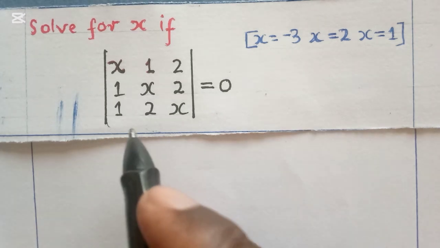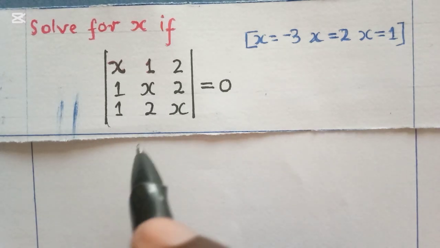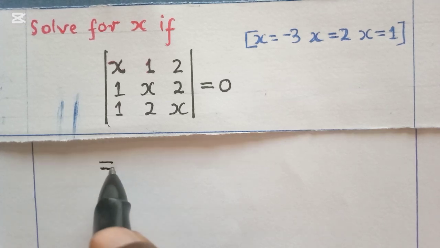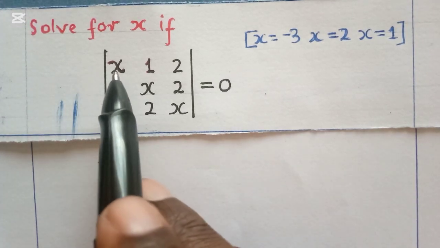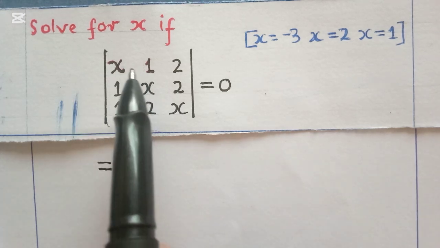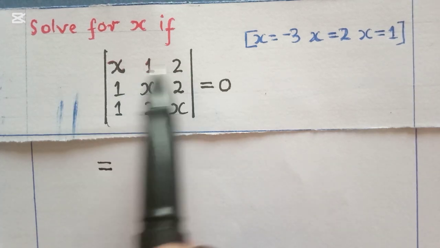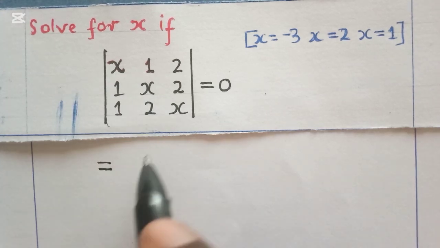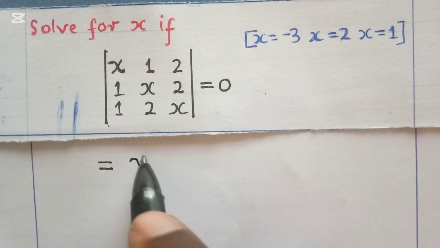So for the determinant guys, this is what now happens. We shall have, we come and hold this number first. When we hold it, we cover the row and the column. When we do that, we come and write the number.